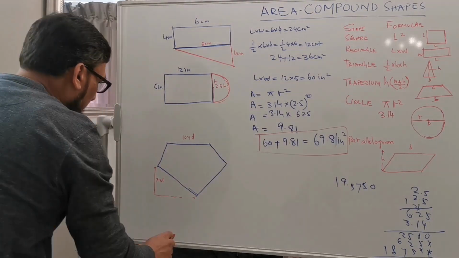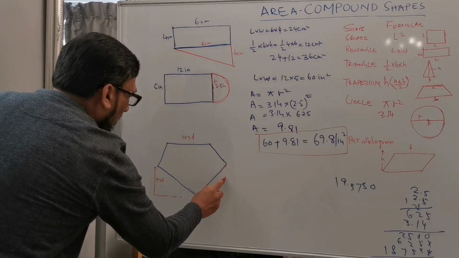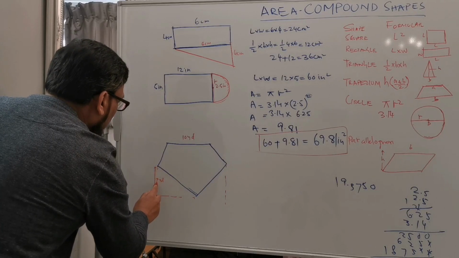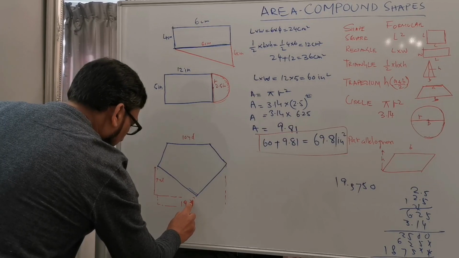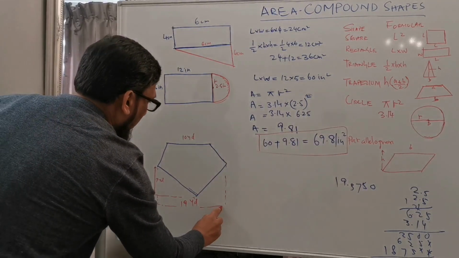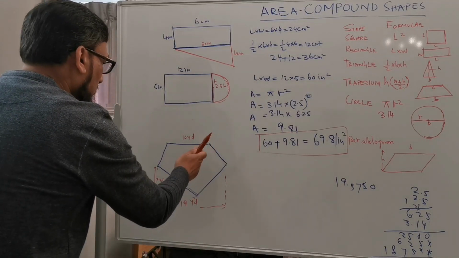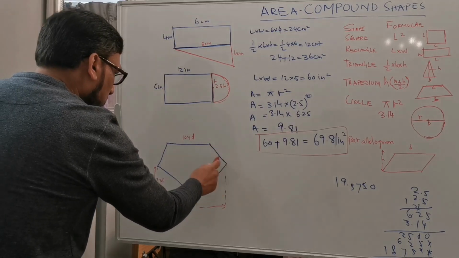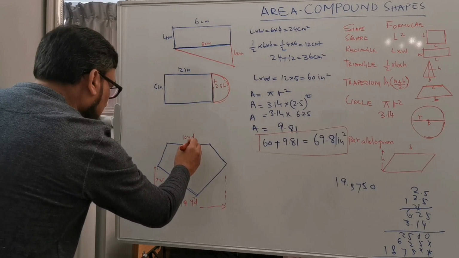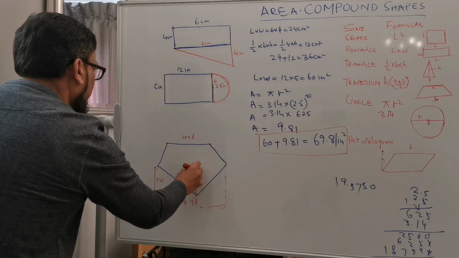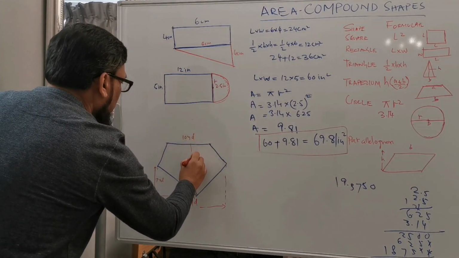And the total length from here to here is 19 yard, and the total height from this place to this place, the total height they are giving you, is 13 yard.